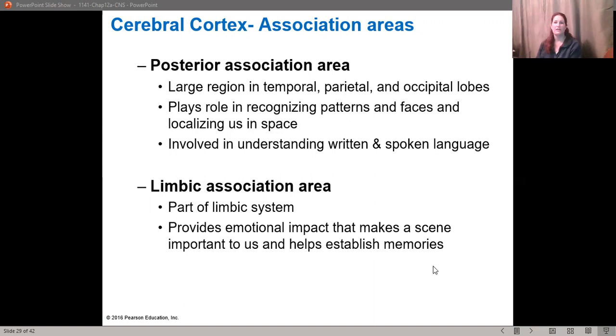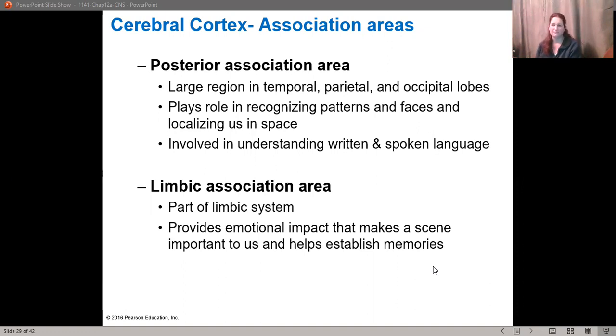And then a new area that hasn't been known of for maybe 5-10 years, which is pretty new, is that there is a second area for written and spoken language located in that occipital lobe, which I just mention because it's an interesting area of research.